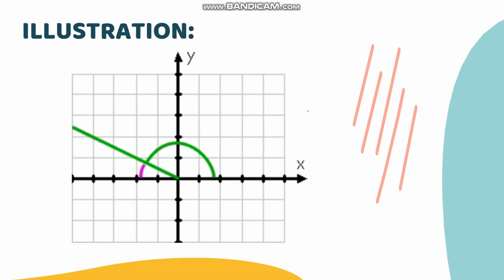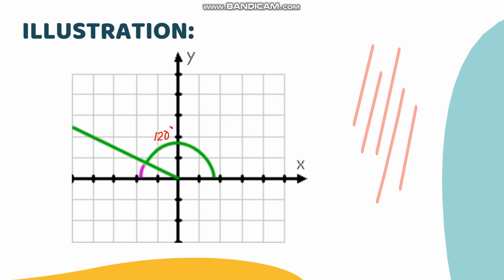Another illustration, let's say we have this angle right here. This one now is our angle. Let's say it measures 120 degrees. Again, this is the initial side, and this green one right here is our terminal side. Now, we have to identify the angle that can be created using the terminal side and our x-axis.